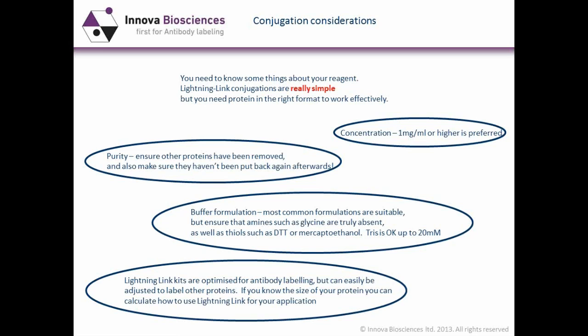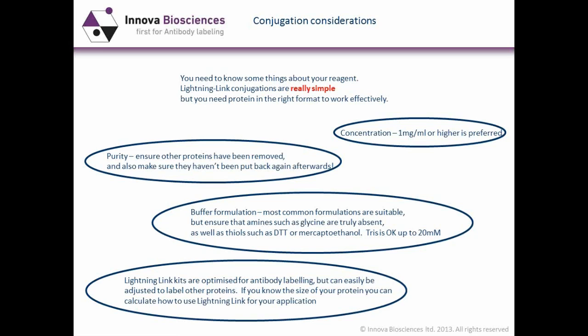Make sure after purification certain proteins haven't been put back in again afterwards. In terms of antibodies, a number of antibody manufacturers will use proteins such as bovine serum albumin to stabilize antibodies after purification. In that case, that will interfere with the conjugation reaction and it is best removed.